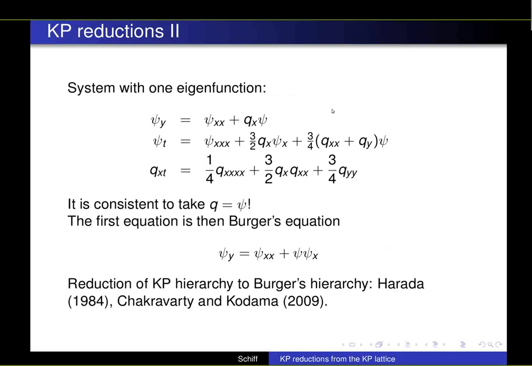So if we consider the system with just one eigenfunction, I've written the system for an eigenfunction and I've written KP, lo and behold, it is consistent to take Q equal to psi. If I take Q equal to psi, then here I have equations for psi, and I plug those into here, and it turns out the equation is satisfied.